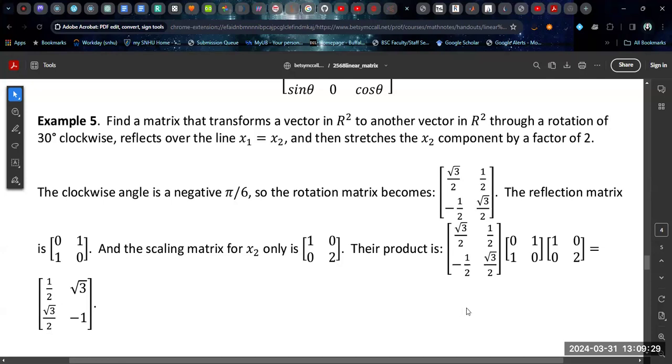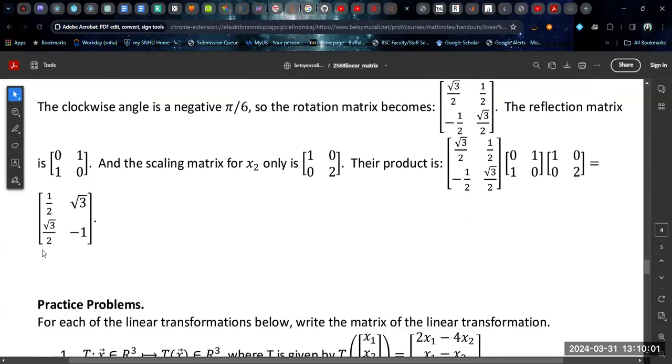Now, think about how you would apply these in order. So first, you would apply your vector in R2 to this rotation matrix. And then the result, you would multiply by the next one. And then the result, you would multiply by this one. Now, in this particular orientation, we're actually scaling first, then reflecting, and then rotating.